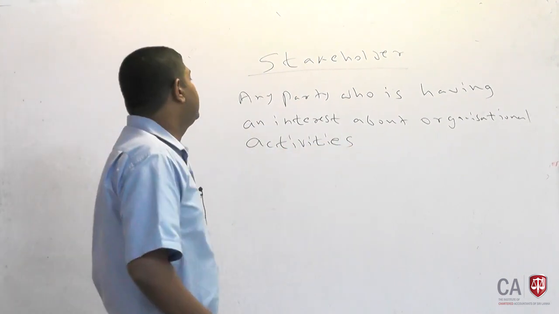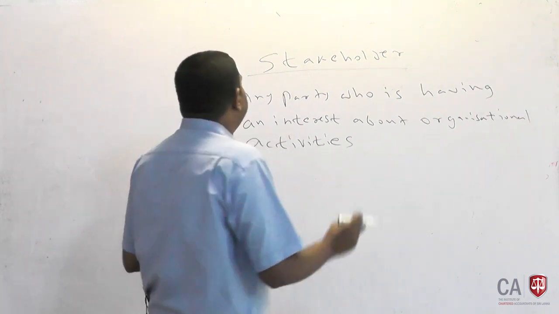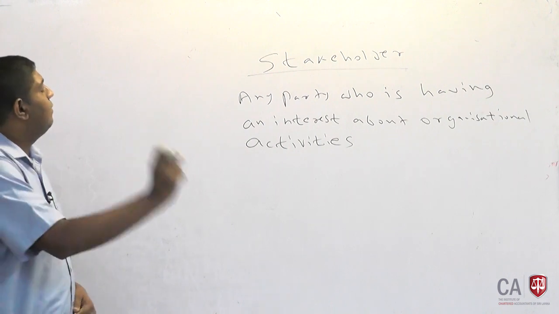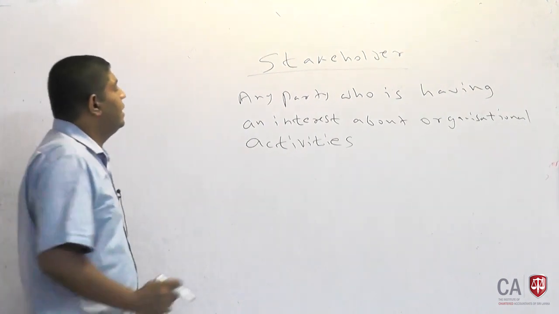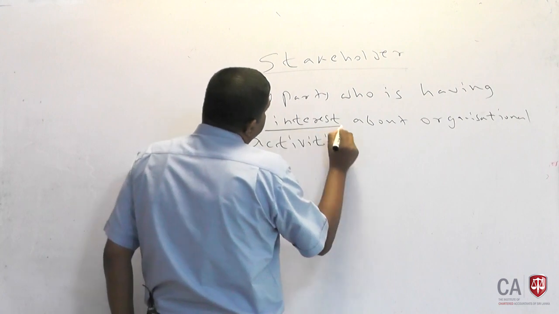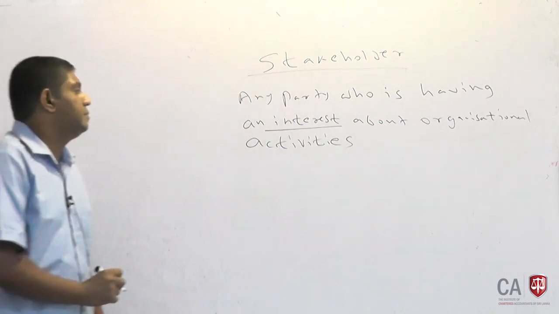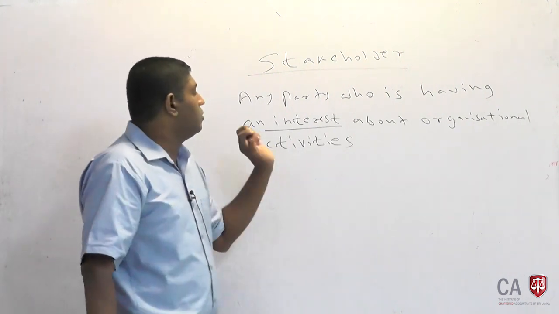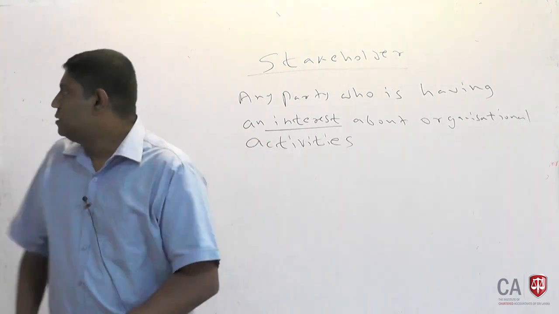Any party who is having an interest about organizational activities, normally we identify as a stakeholder. If we look at the definition, what is the key word in the definition? Here the key word of the definition is interest, right. So any party who is having an interest about organizational activities, normally we identify as a stakeholder.